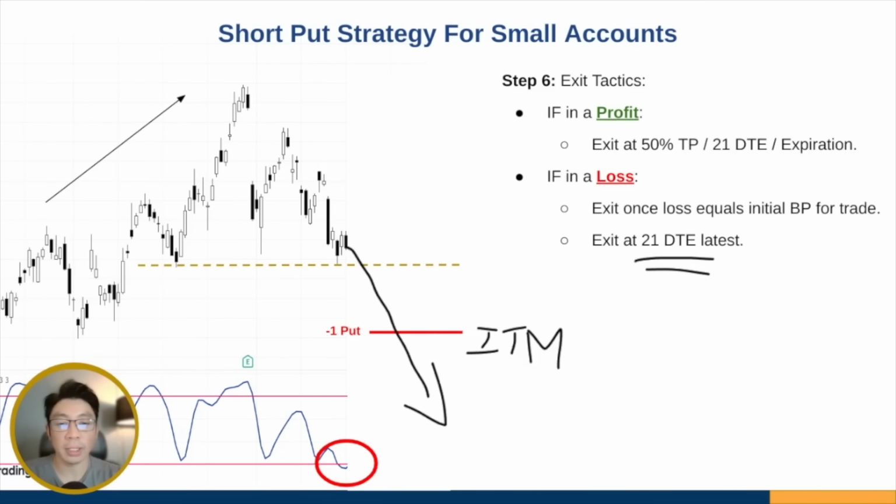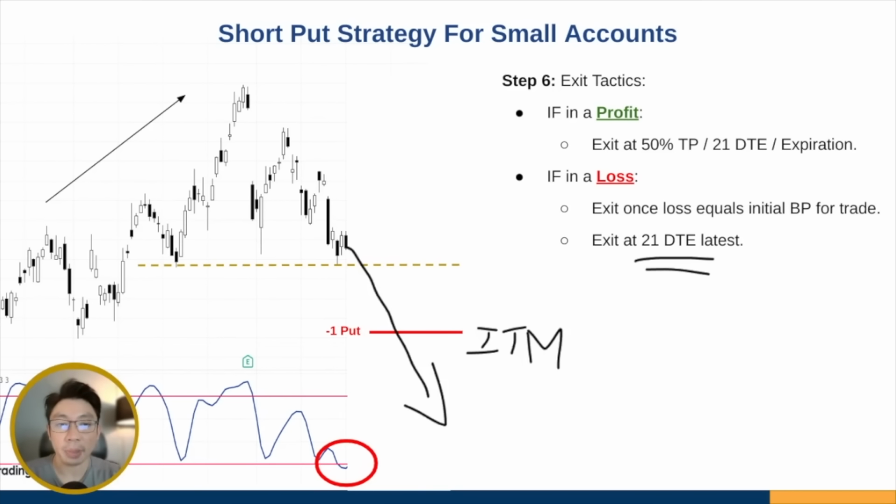So why 21 DTE? Well, firstly, back to the Tasty Trade study, they have already shown that based on 21 DTE, you get much more superior performance, including the losses, because you are cutting the losses at a point where it's manageable. But if you were to leave it all the way to maybe even expiration, the loss could get very big if the market continues to go down. So at 21 DTE, you cut the loss to a minimum.